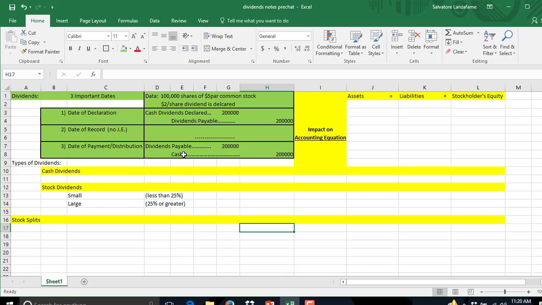The corporation, however, is the one dishing out the money. And remember, we're always looking at it from the company's point of view. So the company's cash has now gone down, and 200,000 is going into the hands of the stockholders. So those are the three important dates, and we just did an example that involved all three.